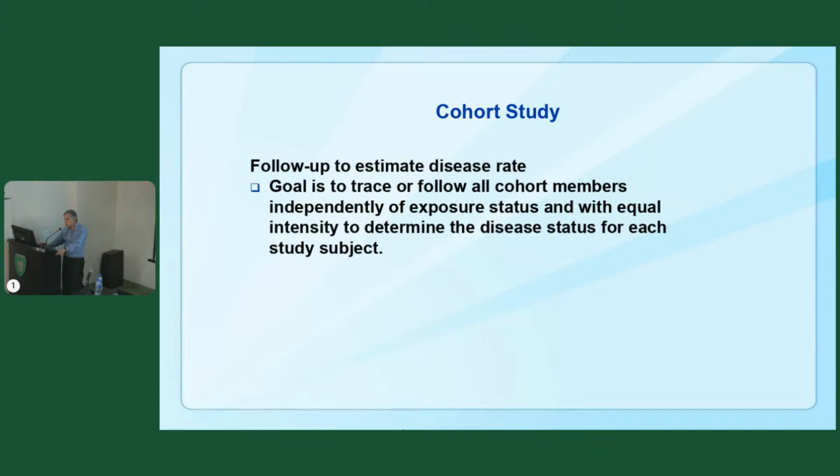So the goal is to trace a follow-up cohort member independently of exposure. That's another important thing. You should find a way to design your study so that the follow-up of these people is independent of the exposure. You make sure they are exposed and unexposed, but you do not measure them because they are exposed, with equal intensity in both groups, to determine the disease status for each study subject.